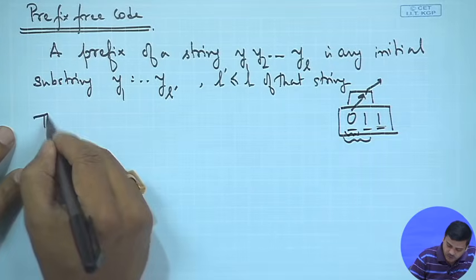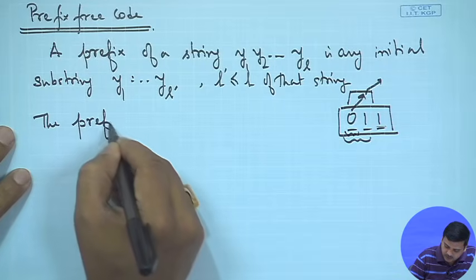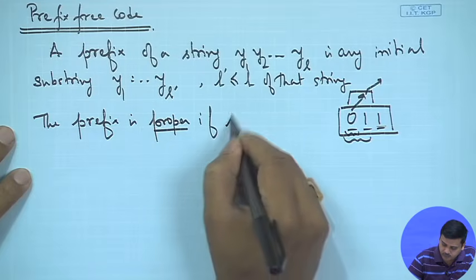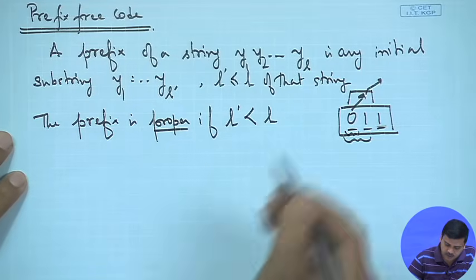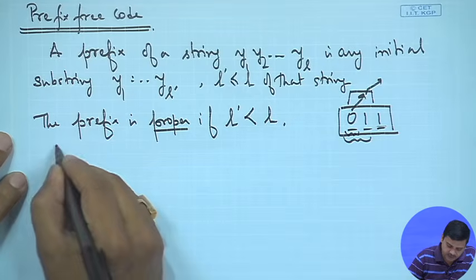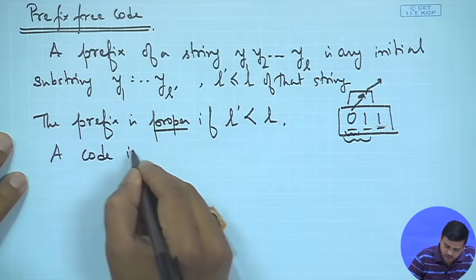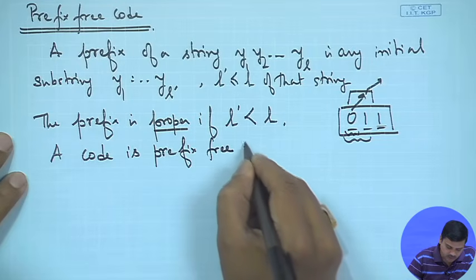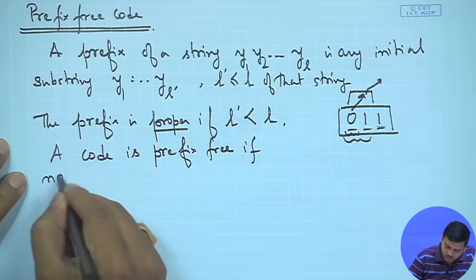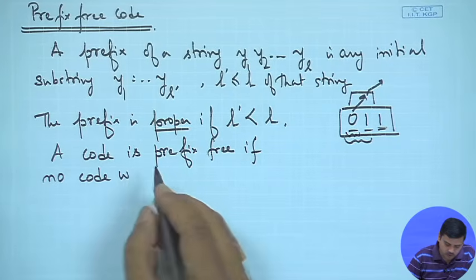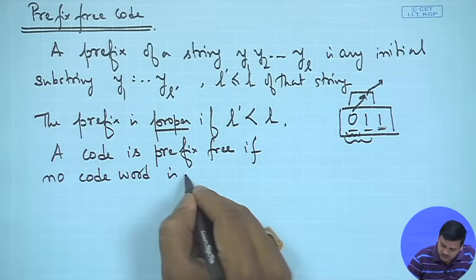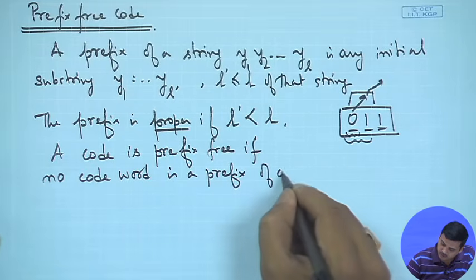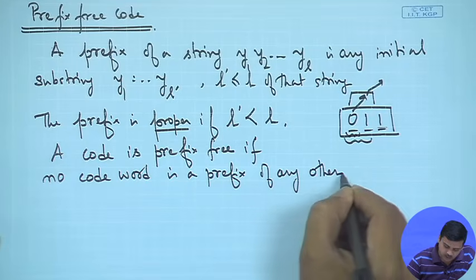And we further go on, the prefix is proper if L prime is less than L, and then we say a code is prefix-free if no code word is a prefix of any other code word.